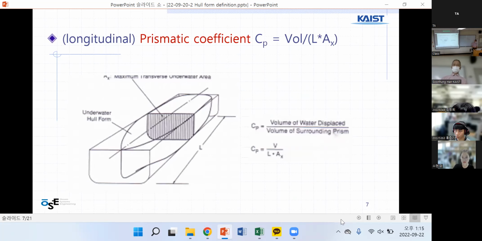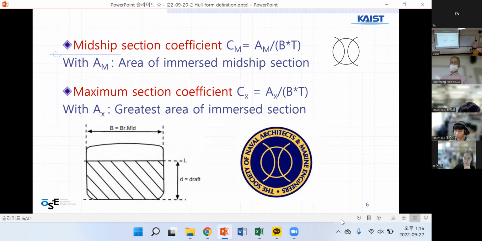Longitudinal prismatic coefficient. Again, the volume, but here it is not LBT. Here it is L multiplied by AX. We just know that AX is the maximum area. So what is the physical interpretation of this coefficient? Why do we define this?